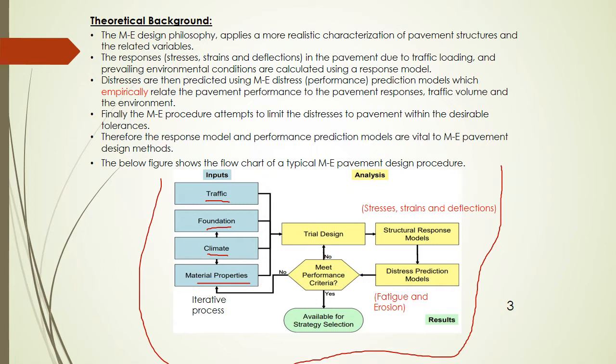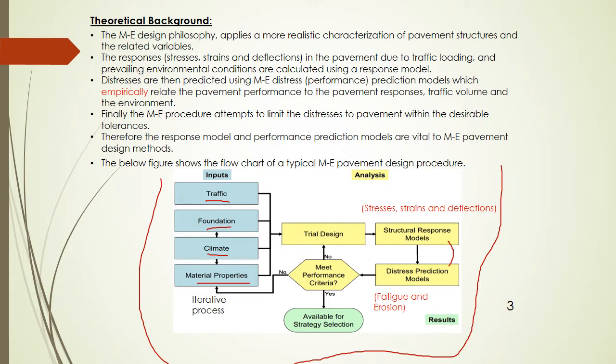This trial design results in some structural responses in the form of stresses, strains, and deflections, and these structural responses are linked empirically to the distress prediction models to obtain the distresses in the pavement due to the structural responses.